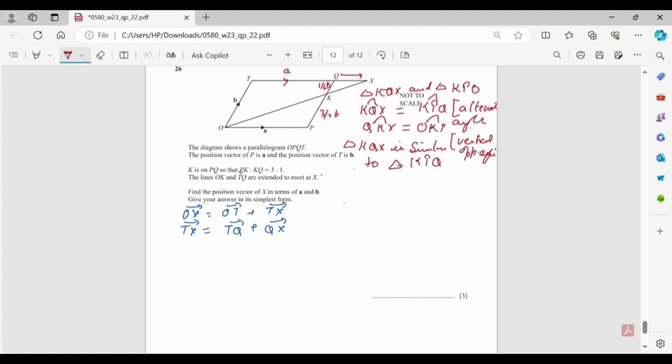So KQ over PK will be equal to QX over OP.